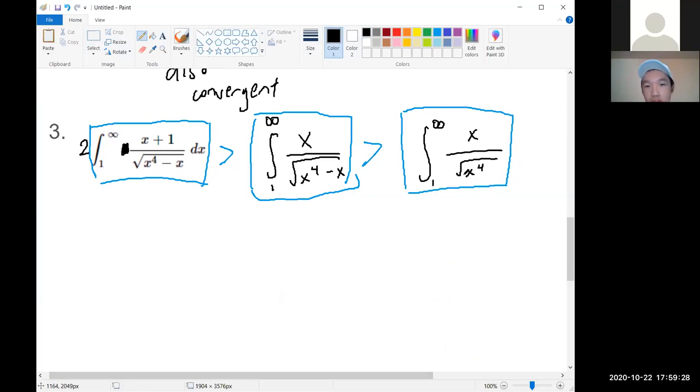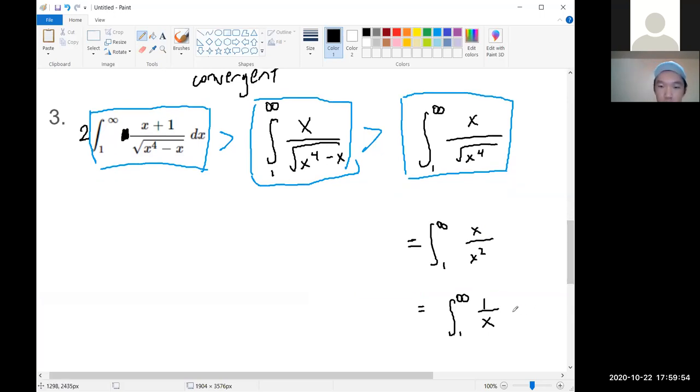I can simplify the third integral, right? So this is equal to the integral from 1 to infinity of x over the square root of x to the fourth, which is x squared, which is also equal to 1 over x, right?